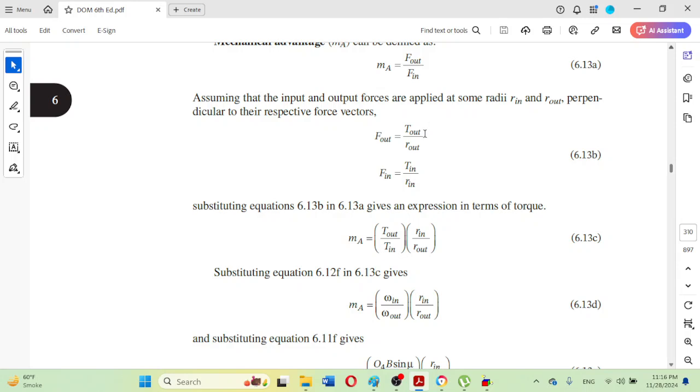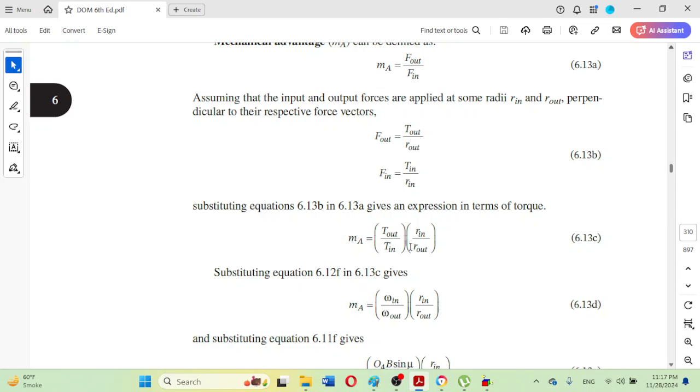So F out was actually T out divided by R out. So just actually these are written in terms of torque ratios and radii ratios simply, and nothing else.